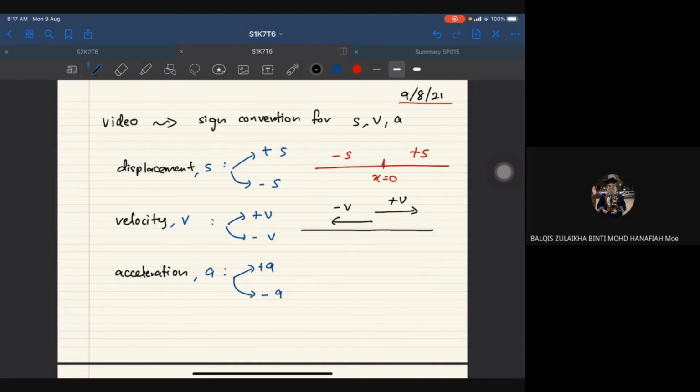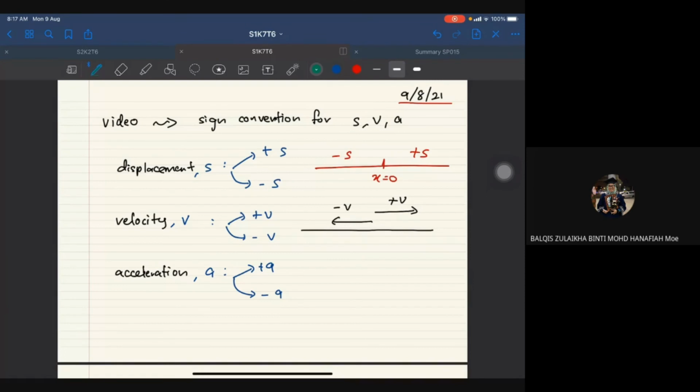To the right of it is positive, to the left of it is negative, above is positive, below is negative. That's for position. But for velocity, any direction to the right is positive, to the left is negative. Upwards positive, downwards negative.